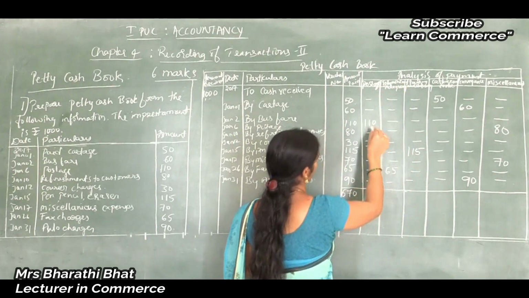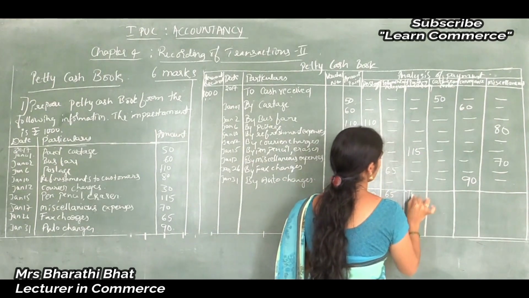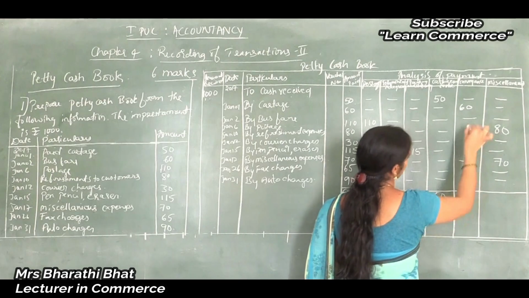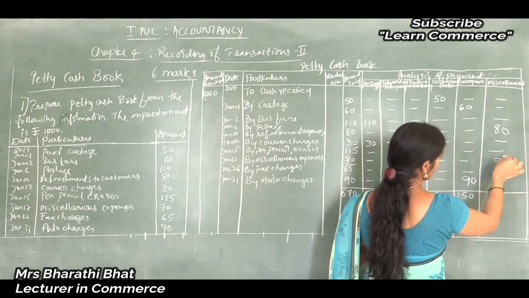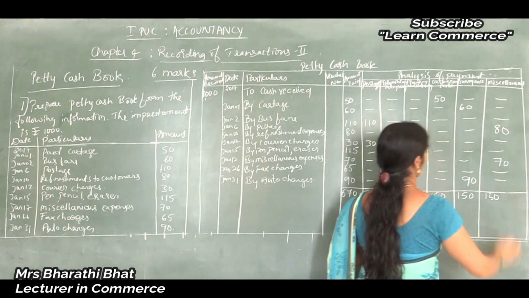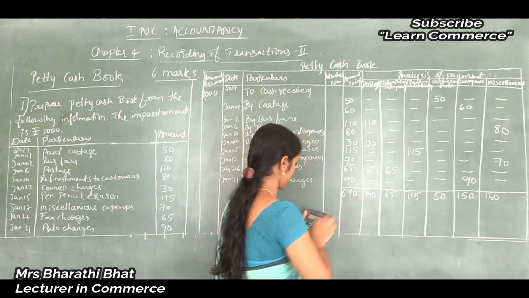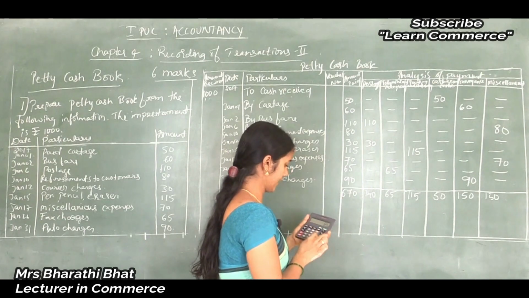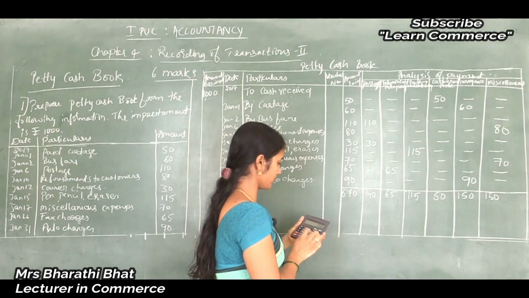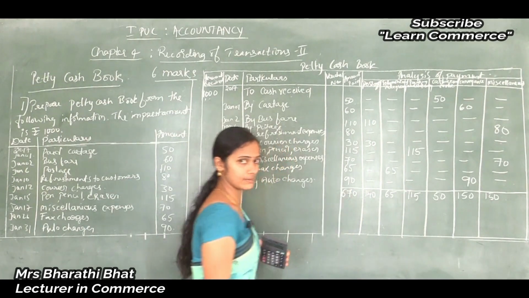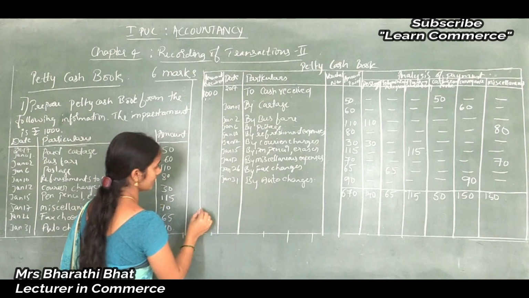Here, postage and telegram 110 plus 30, 140, 65, 115, 50, 60 plus 90, 150, and 80 plus 70, 150. Just calculate the amount from here: 140, 65, 115, 50, 150 and again 150. Total comes to 670.